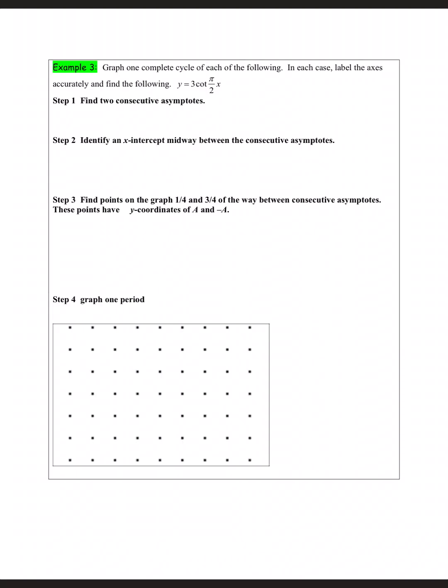So example 3, we're going to graph y equals 3 cotangent of pi over 2 x. So we have that this is going to be between 0 and pi. To solve this, we're going to multiply by 2 over pi.